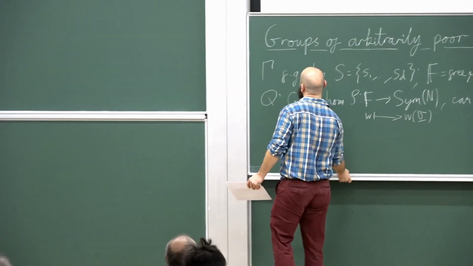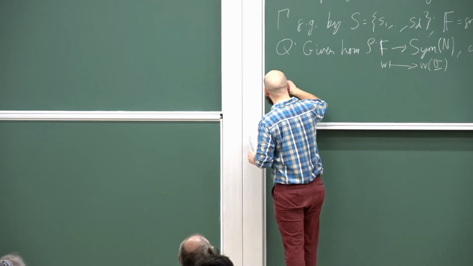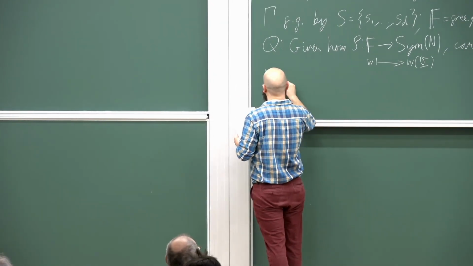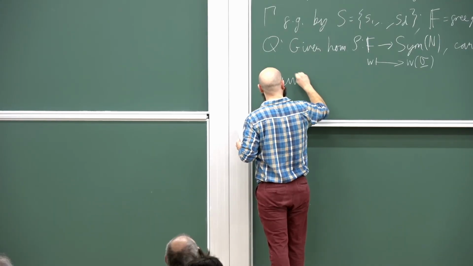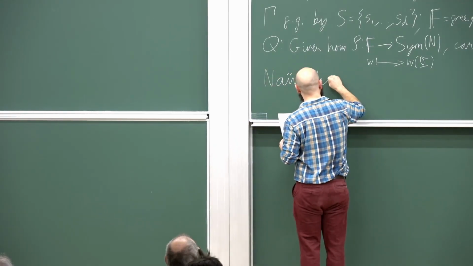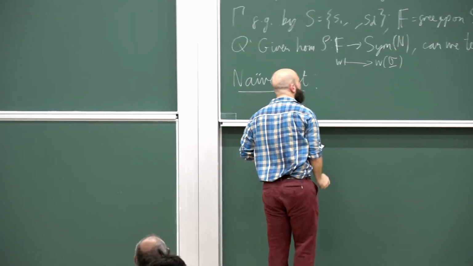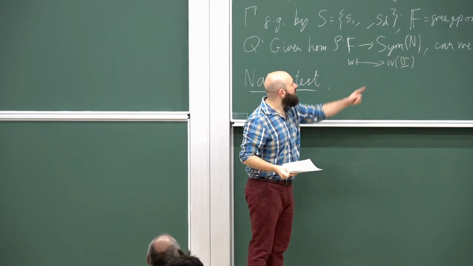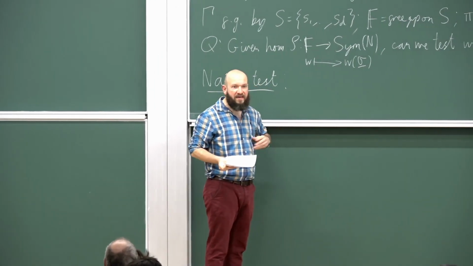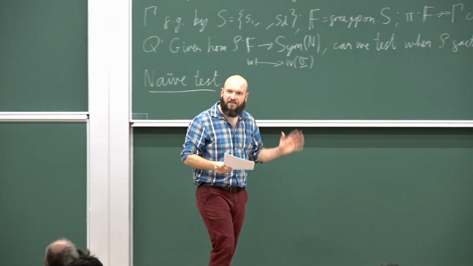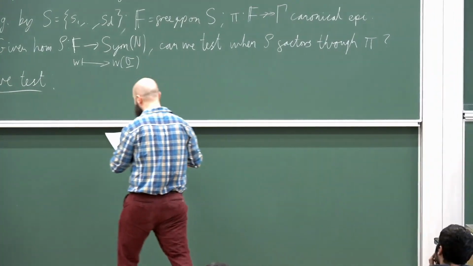And the naive test that you might do is just take some relations, take some things in the kernel of pi, evaluate them at sigma, and try to see if you get the identity or not.